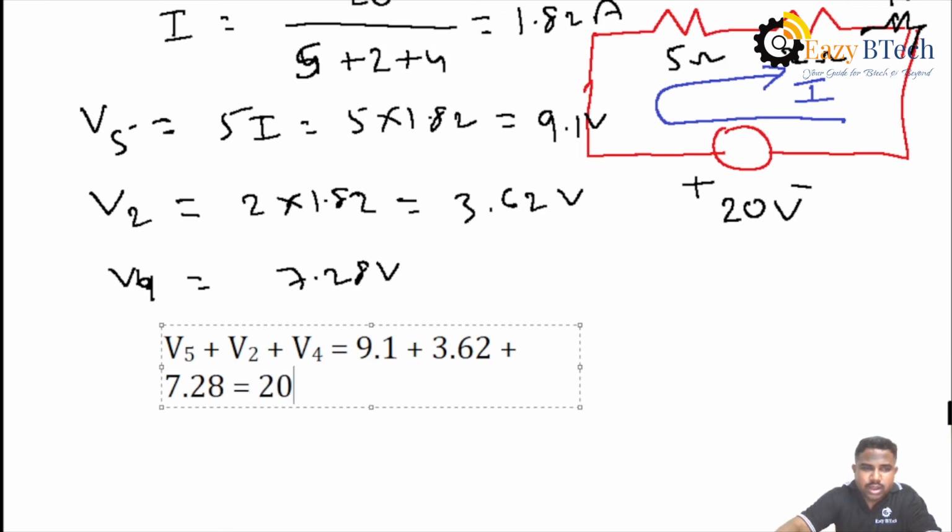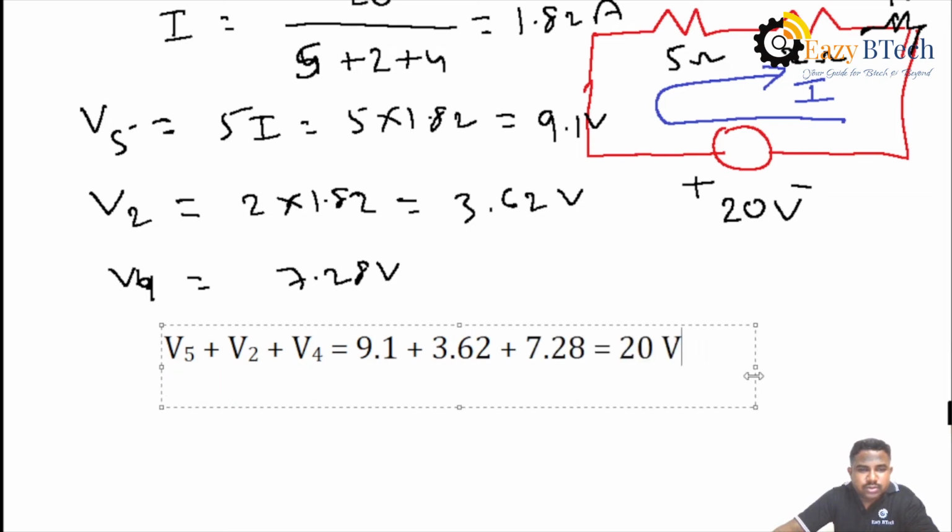You add all the voltages and you get 20 volts. What is the 20 volt source value? That is the total voltage source value, Vs.